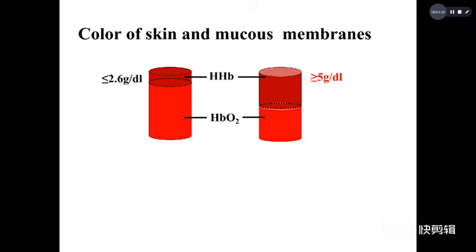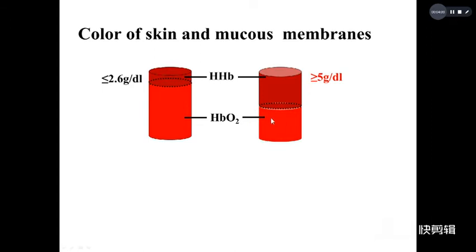Now color of skin and mucous membrane. In our blood, hemoglobin combined with oxygen is called oxyhemoglobin. Hemoglobin that doesn't combine with oxygen is called deoxyhemoglobin. Now in normal blood, deoxyhemoglobin is less than 2.6 grams in 100 milliliters of blood.